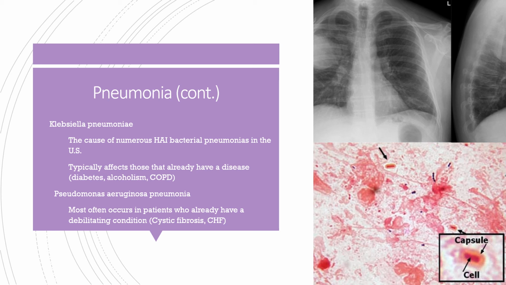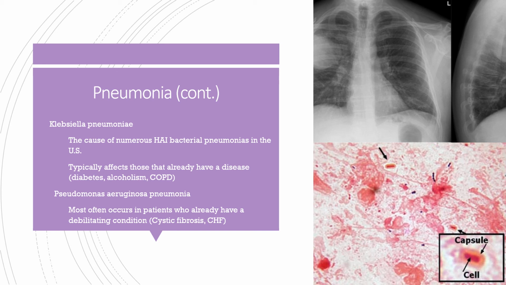These bacterial cells are more virulent because they're surrounded by a gelatinous capsule that protects them from being phagocytized. They can also cause a milder respiratory tract infection such as bronchitis or bronchopneumonia.